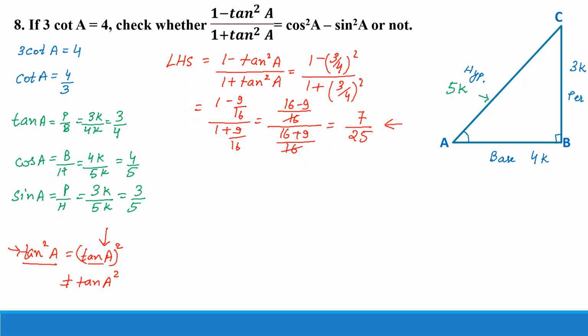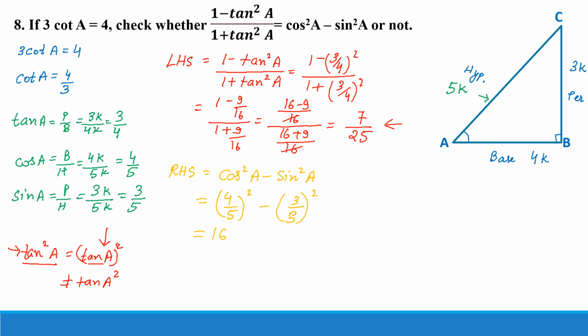And now we will try to simplify the right hand side as well. So now we will substitute the values in the right hand side. On the right hand side we have cos square A minus sine square A. The value of cos A is 4 by 5. So it will be (4 by 5) whole square minus sine square A, that is (3 by 5) whole square.